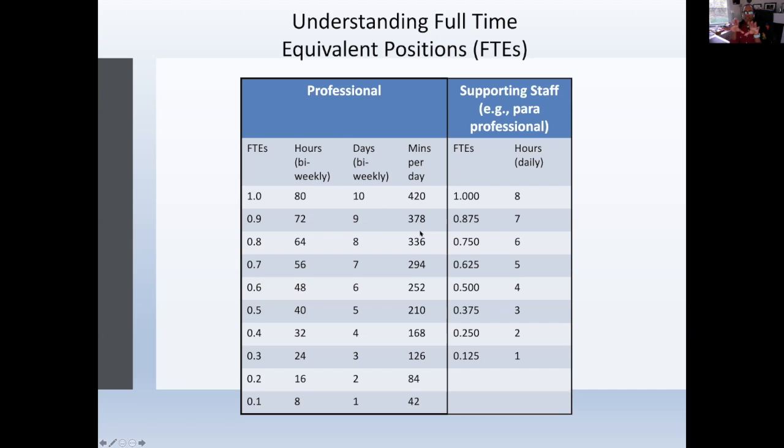So this is a great chart to use as a starting point for understanding how full-time equivalent positions work, whether they're in the world of ESOL or they're a 5th grade teacher, 4th grade teacher, doesn't matter. These are the guidelines, if you will, for understanding FTEs that are in the professional realm and FTEs that are in the supporting staff realm.